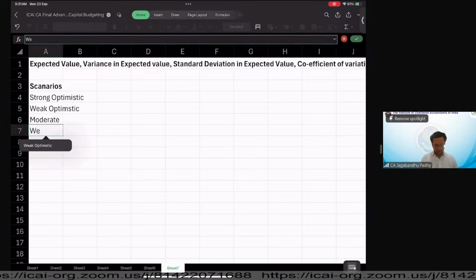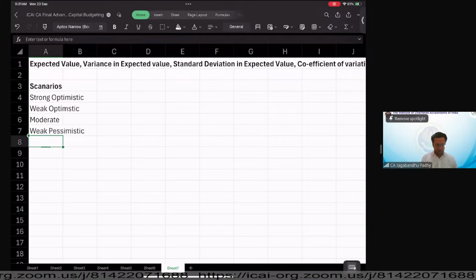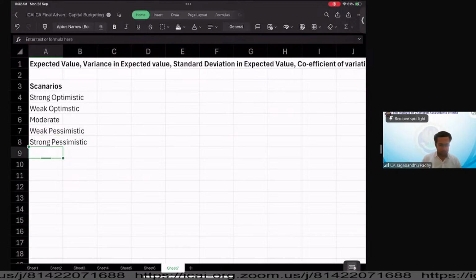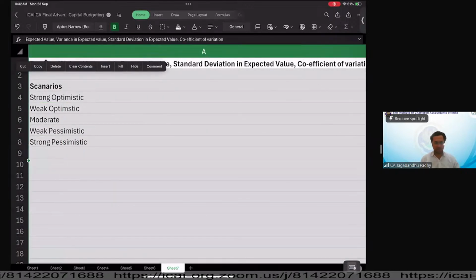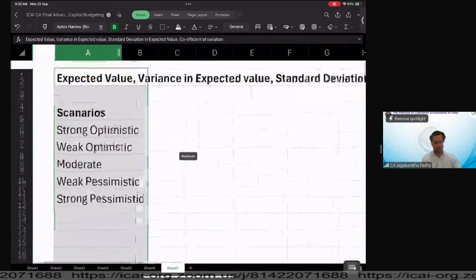Then we may say there could be a weak pessimistic and maybe strong pessimistic. Right? These are the scenarios that we are likely to observe in the future years.